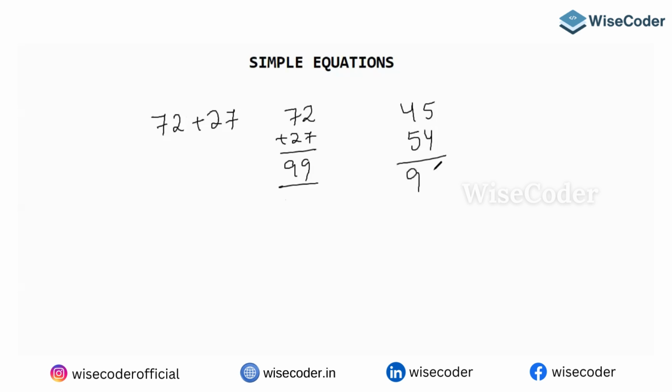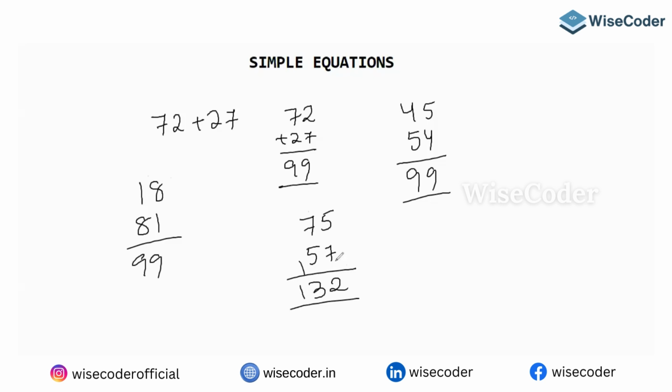If you add it again, you get 99. Smaller number, 18, the reverse is 81. Again 99. Wait a minute. Let's take 75. The reverse number is 57. 7 plus 5 is 12, so 132. So my point is this: 99, 132.